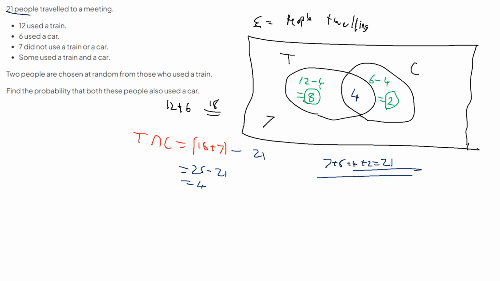Now we need to work out the probability of both these people also using a car, but we're also given that these people used a train. So out of the people who used a train, now we're going to use a tree diagram. So if this is T and this is C, we know that there's 12 people in total who used a train. Okay? The odds of them just using a train is going to be 8 over 12.